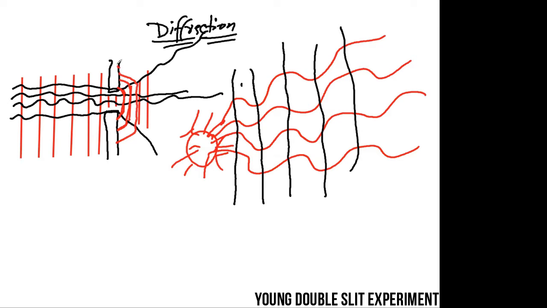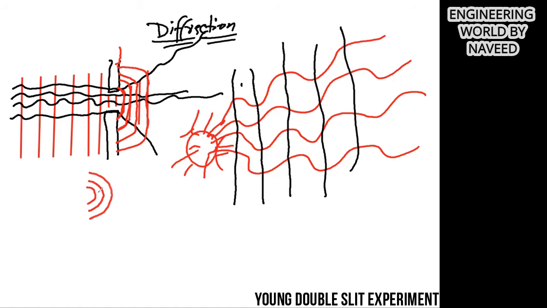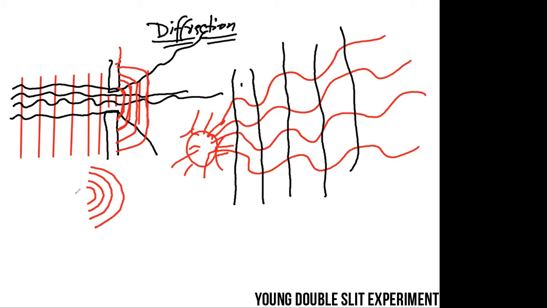So this is known as diffraction. Actually, you will get this kind of diffraction when you have a very small slit, or a very small space between the two slits.